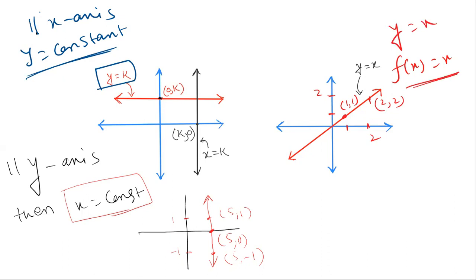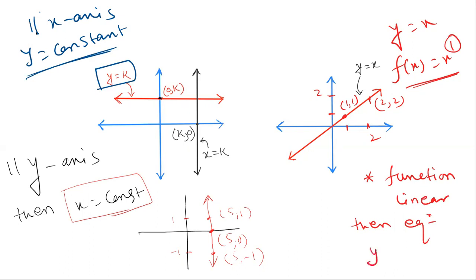This is a linear graph, because the degree is 1. Since the degree is 1, this is a linear graph. A linear graph will always be a straight line. You have to remember this point. If the graph is linear, the function is linear, then the equation will be like y equal to mx plus c in this format.